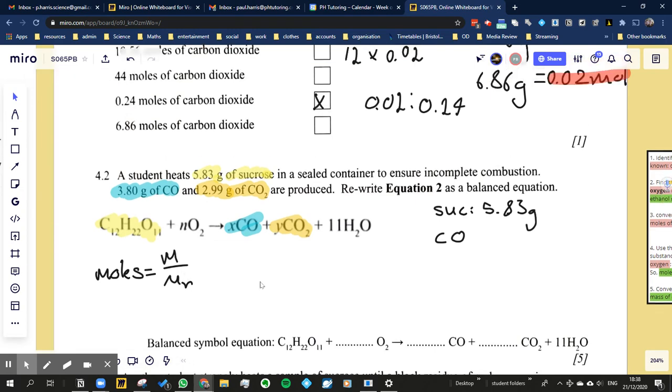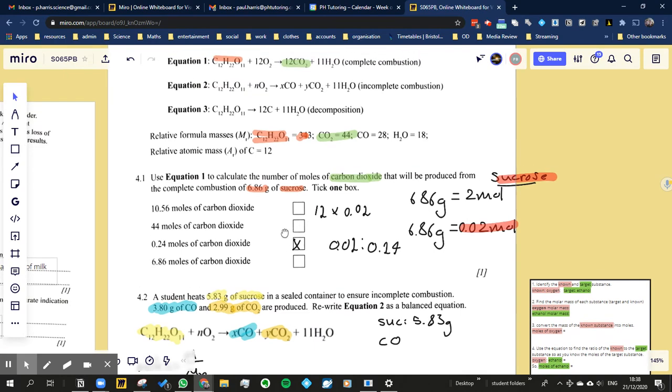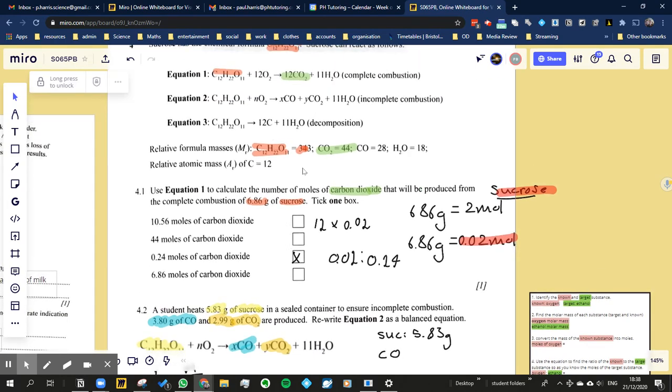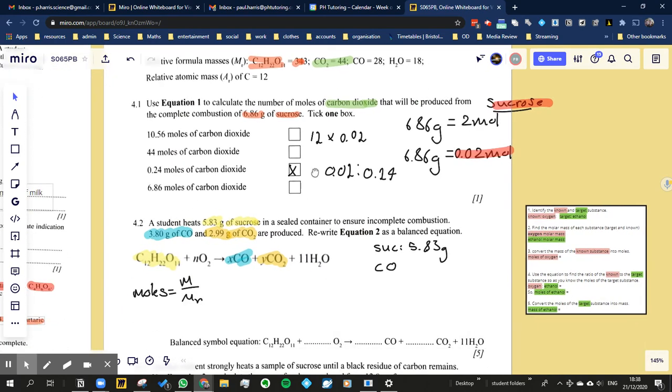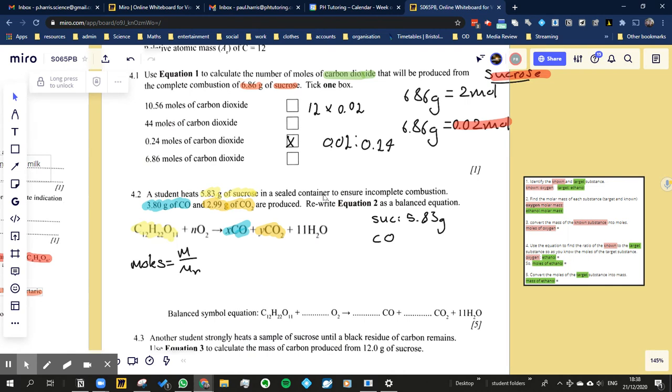5.83 divided by whatever sucrose was. Sucrose was, here it is, 343. So we do 5.83 divided by 343. That would give us our sucrose.